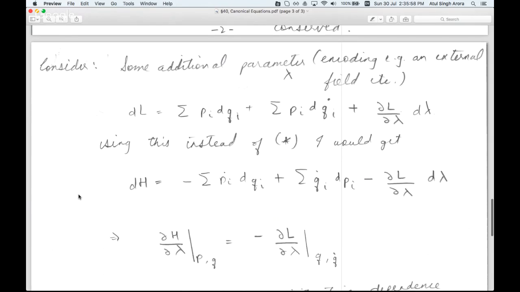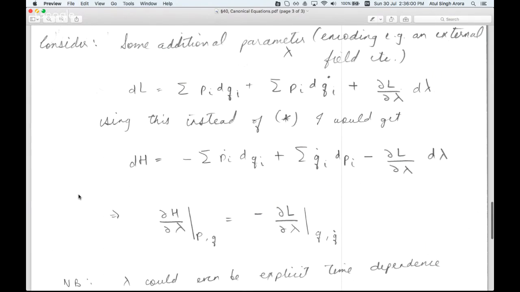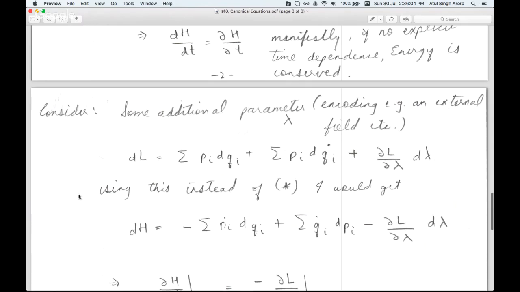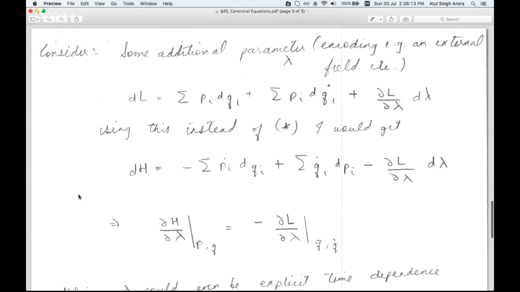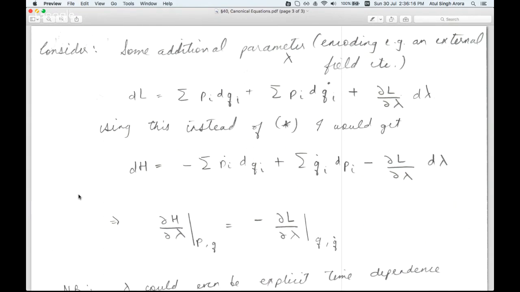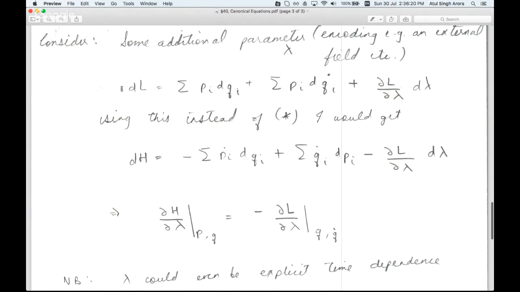Okay, now getting back to the question of having an explicit time dependence. We'll assume that there's some general additional parameter lambda, which could encode, for instance, an external field or some explicit external force which depends on time, into the Lagrangian. In that case, I would have to write the variation in my Lagrangian dL as these two terms which we had initially, and in addition to that, we'd have to add a del L by del lambda d lambda term.